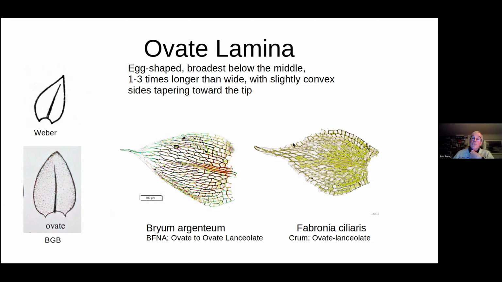When you see the convex sides, this one you don't, but BFNA still calls it ovate. So the convex is less important than the fact that it's kind of egg-shaped, it's short, it's fatter, and otherwise it's basically a squashed down lanceolate leaf.